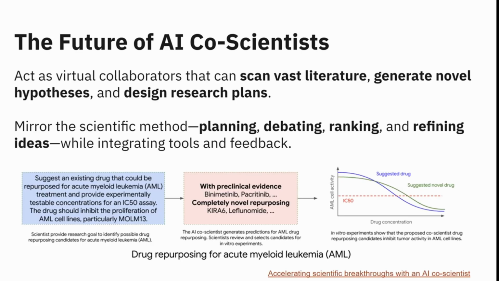Now with AI, we can scan through a vast amount of literature, screen many different hypotheses, and design many different plans, leveraging the latest crop of reasoning models to automate parts of the research process, all the way from planning to refining, and so forth.